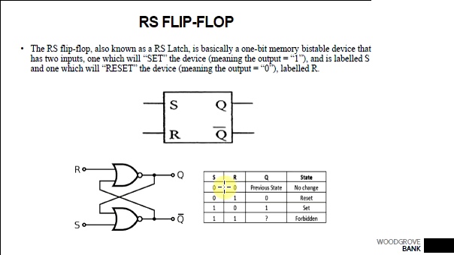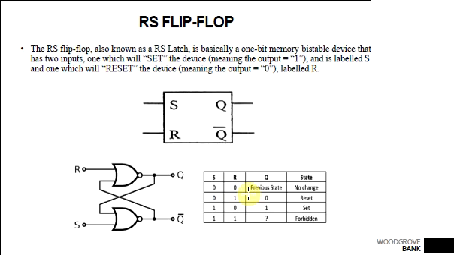When both inputs are zero, we get the same state. Whatever the state was before, 0 1 or 1 0, it remains the same after inputting S equal to 0 and R equal to 0. That is the no change condition.